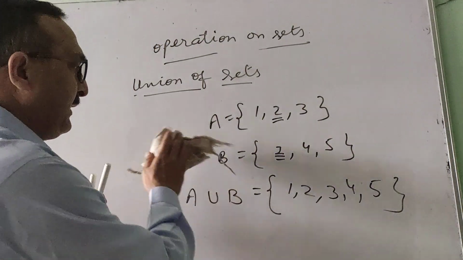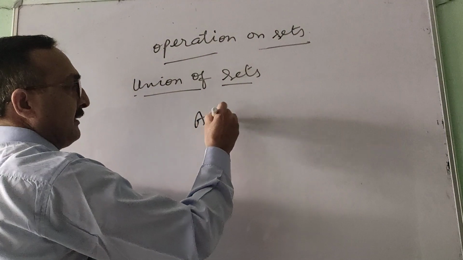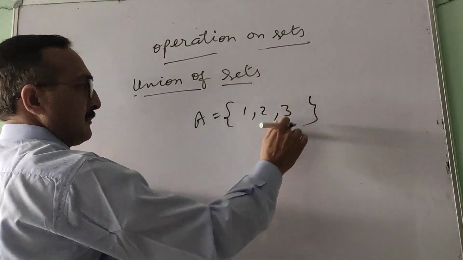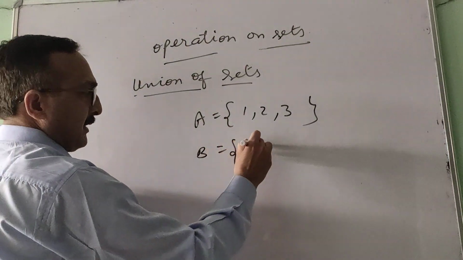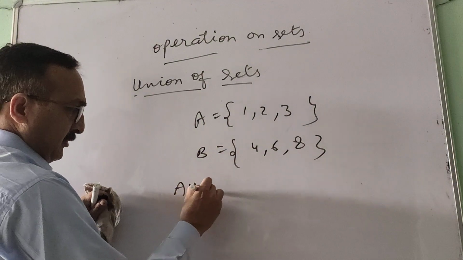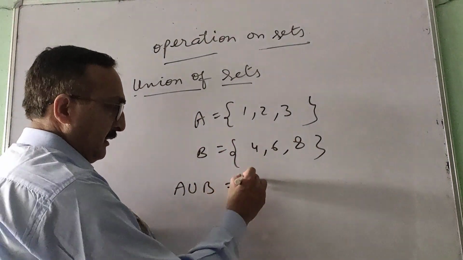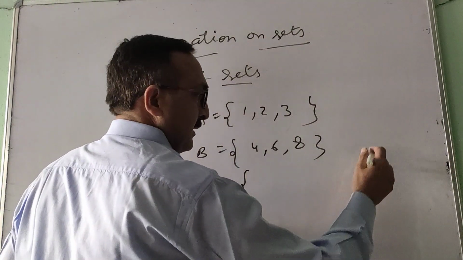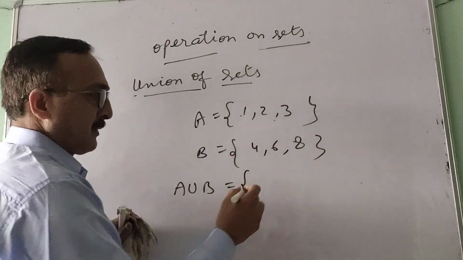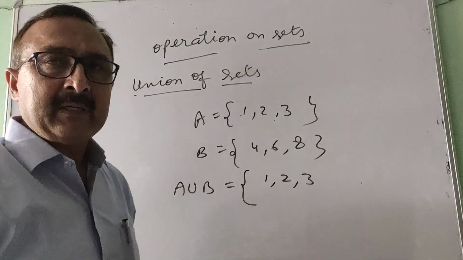Let me take one more question. I take a set A: 1, 2, 3, another set B: 4, 6, 8, and then A union B. We have to club A and B, combine them. I write a curly bracket. Now write the first elements of set A: 1, 2, 3.